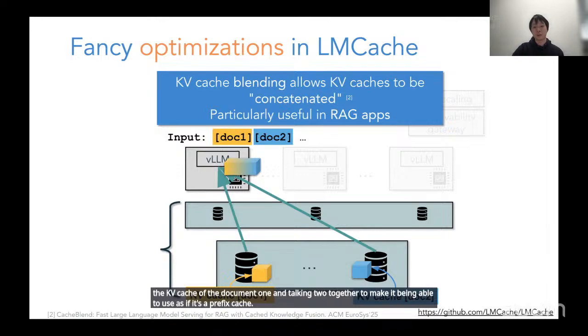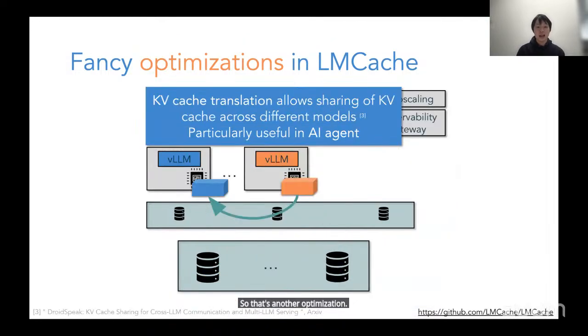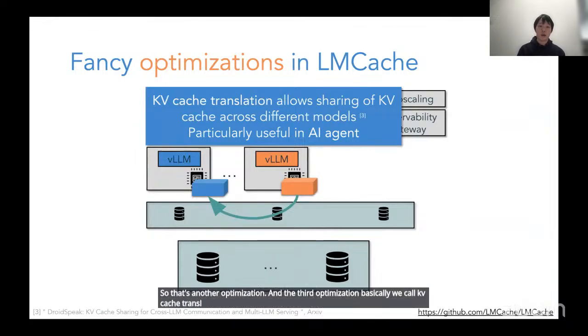The third optimization is what we call KV cache translation, where we can translate the KV cache and share it between different language models.